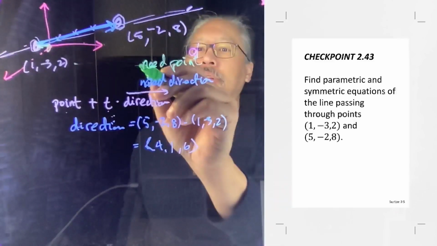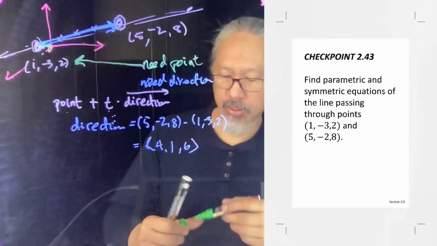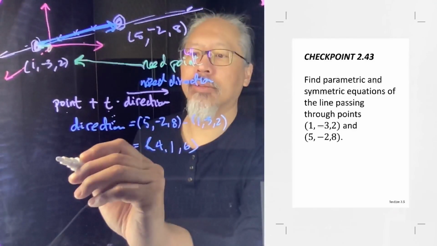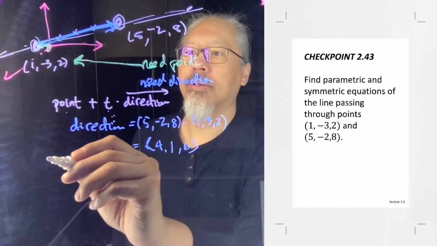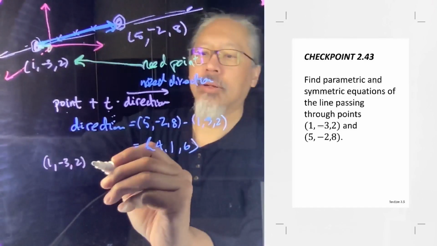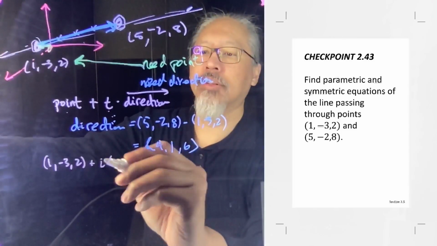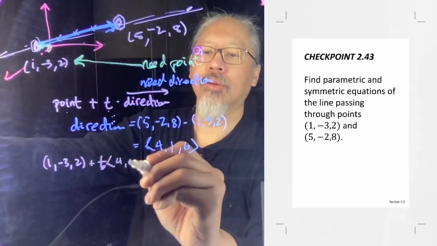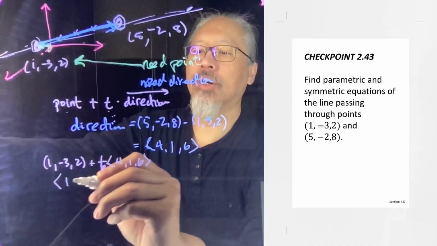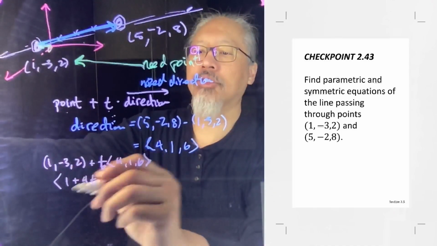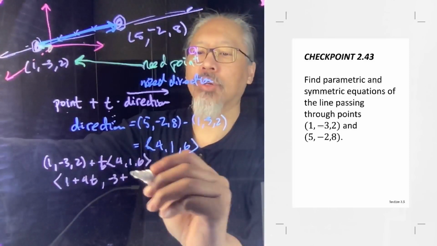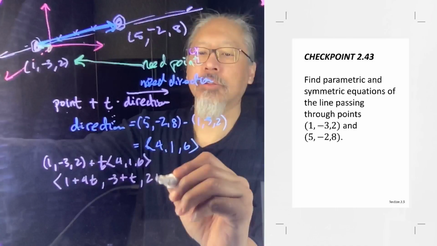Alright, so we'll choose our first point to be our point, and we have our direction, so let's put it all together. Point (1, -3, 2) plus t times the direction (4, 1, 6). And so this becomes 1 plus 4t, if we do the scalar multiplication and addition, -3 plus 1t, and 2 plus 6t.